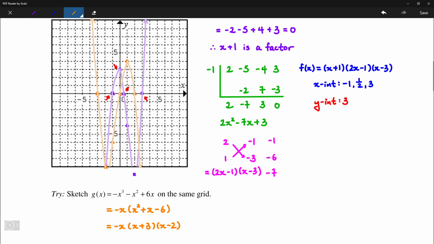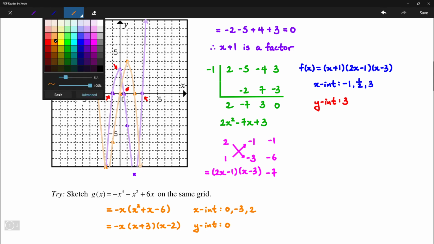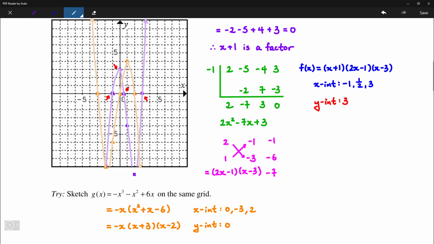So what that tells us is the x-intercepts of this graph will be 0 from the first factor, and then negative 3 from the x plus 3, and also 2 from the x minus 2. The y-intercept of this graph would just be 0, since the constant term is 0 in this polynomial. And so here are the points. Oops, that's the wrong color.